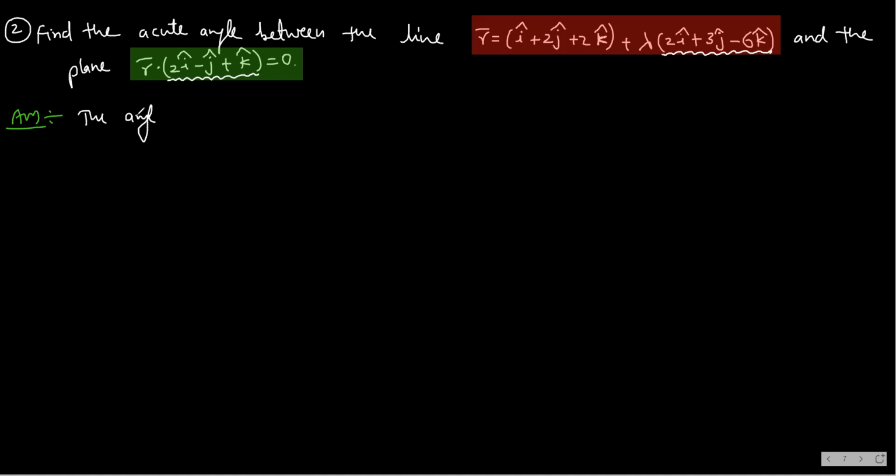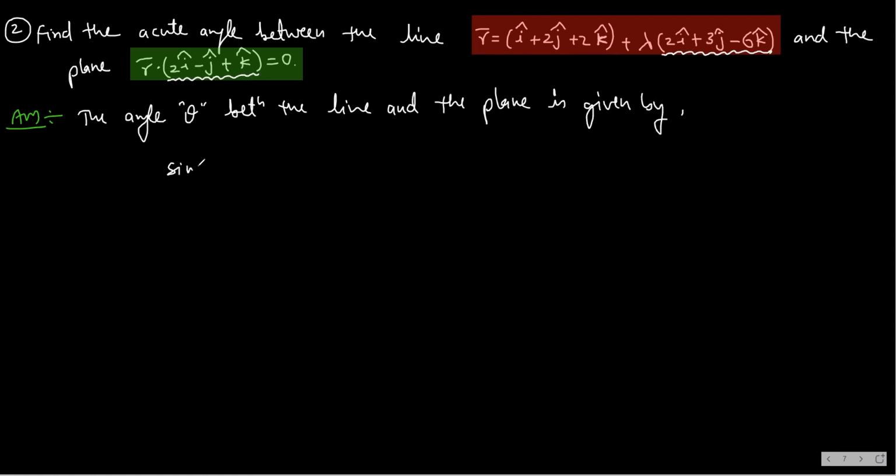The angle theta between the line and the plane is given by sine of theta equals B bar dot N bar upon mod B bar mod N bar. Sine of theta, okay, because it is cos of pi by 2 minus theta, which becomes sine of theta.